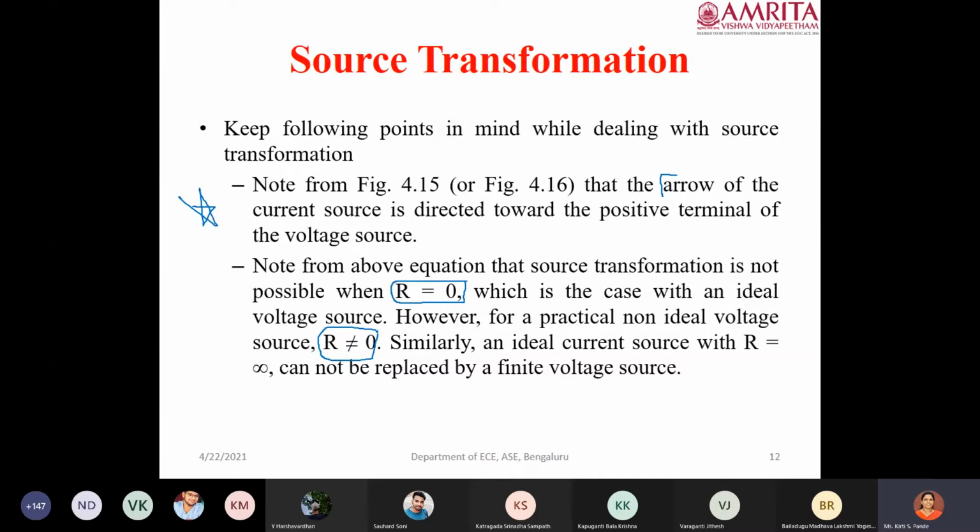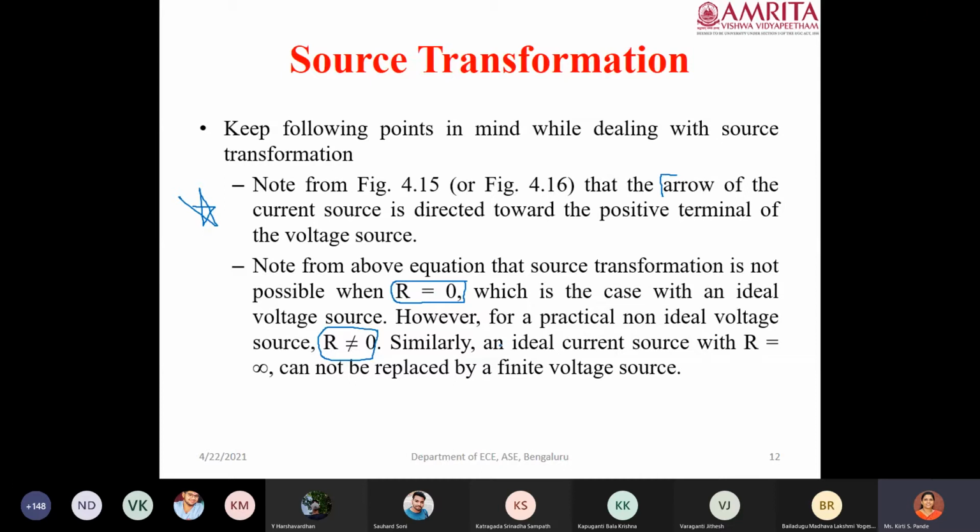If somebody says that it is an ideal voltage source, quickly what should come to your mind is that the resistance for the ideal source is 0, which is in series with that voltage source. In that case, the source transformation cannot be applied. The same case is applicable for the current source.